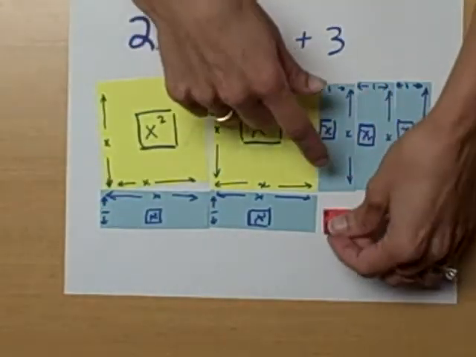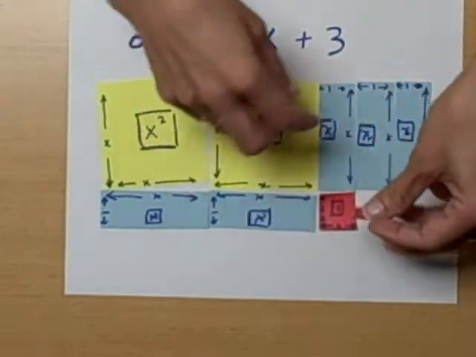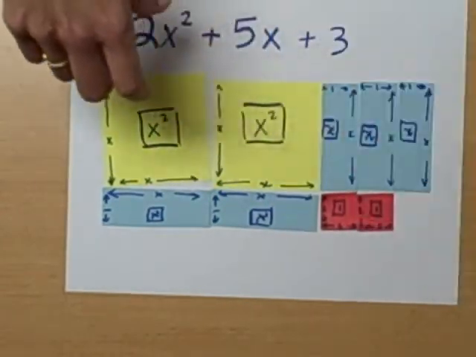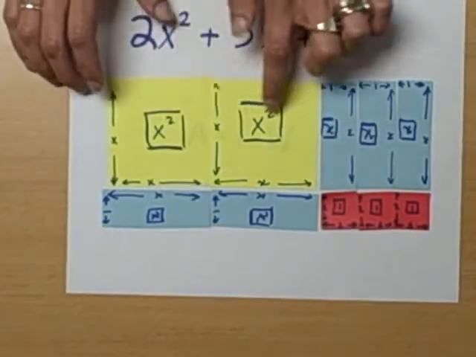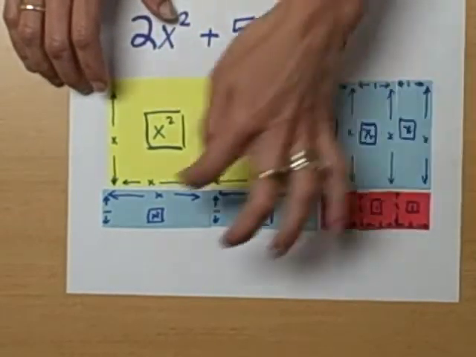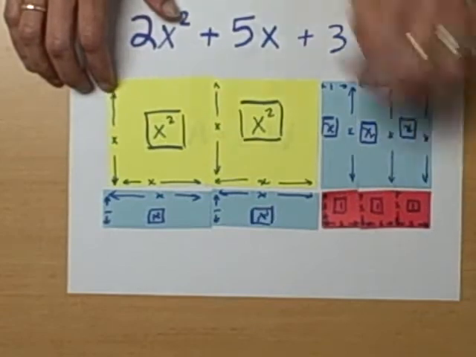Oh, that looks pretty good. Now I can have 1, 2, and 3 here. So the area of this rectangle is 2 x squareds plus 1, 2, 3, 4, 5 x's plus 3.